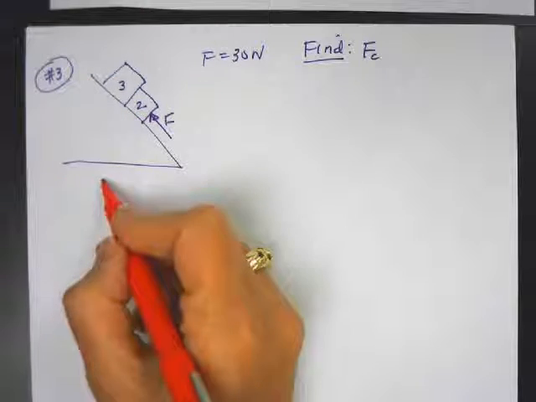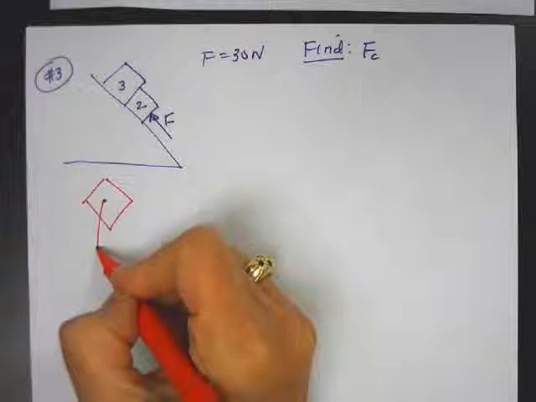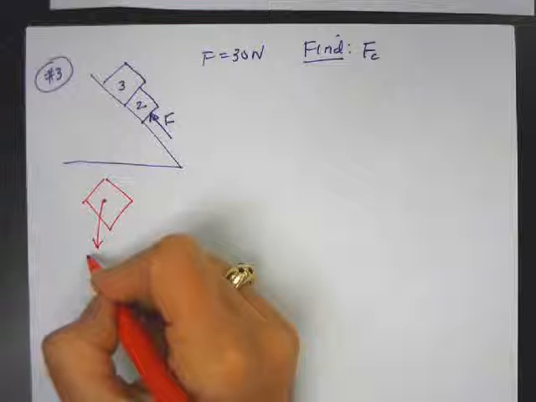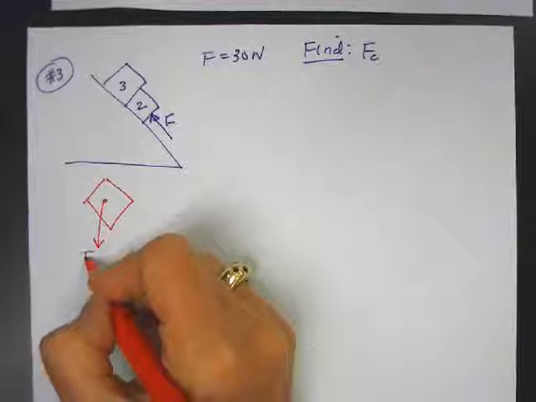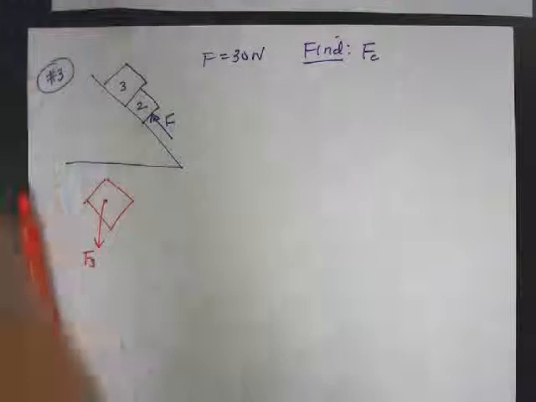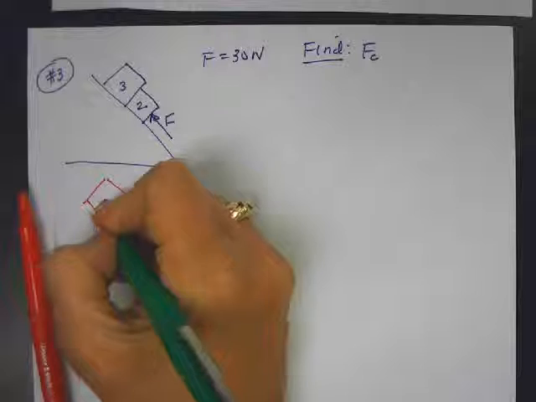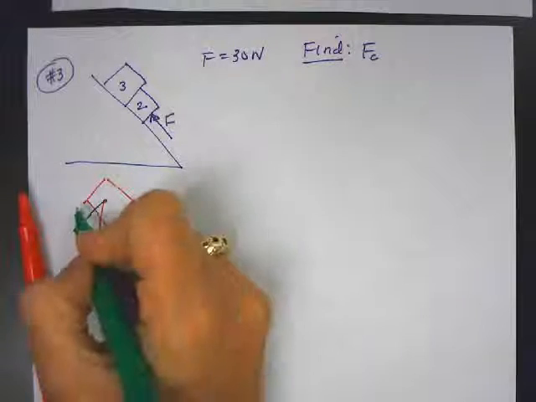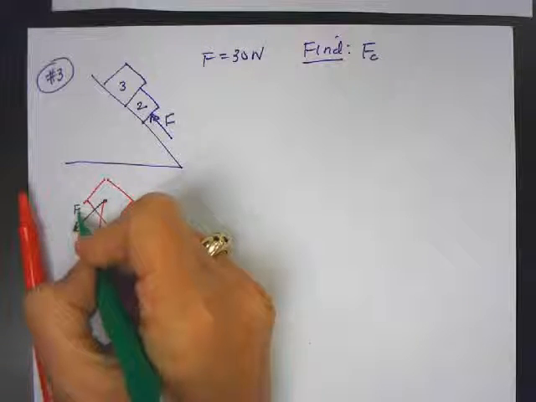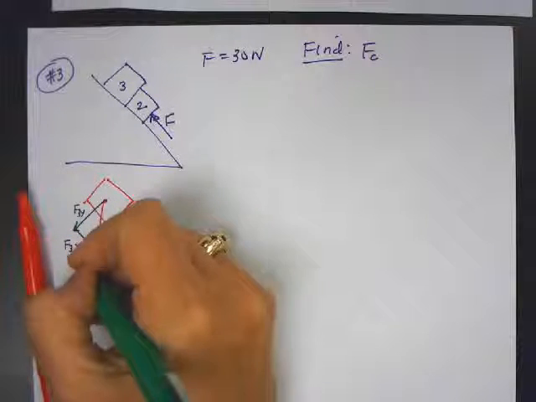So when you look at the free body diagram for these two, this is the weight going down of the 3 kilogram block. I'm going to break my weight up into its horizontal and vertical components. So this is the perpendicular component, which I can call F3y, and this is going to be F3x.